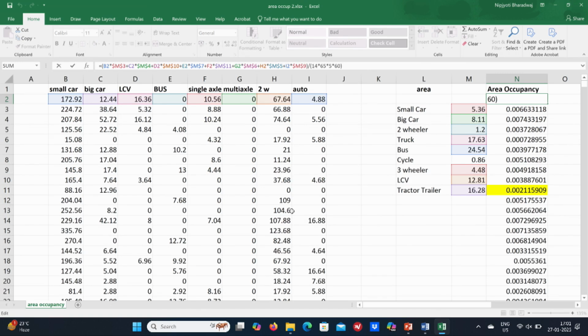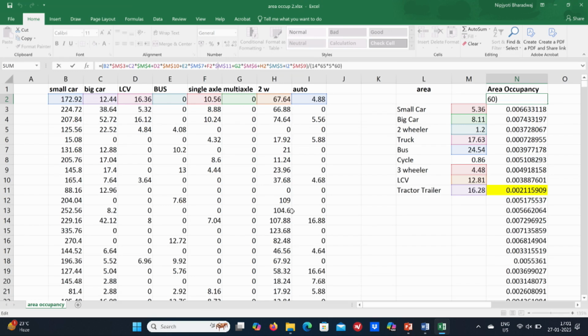That will be the numerator, and in the denominator we will have the area of the segment, right? The 65 meter long segment multiplied by 14, the entire width of the road. That will be the area, and the capital T will be 5 times 60, if you are converting into seconds.